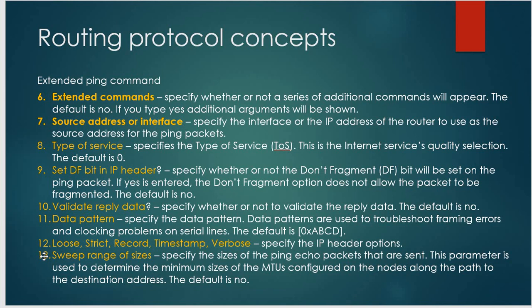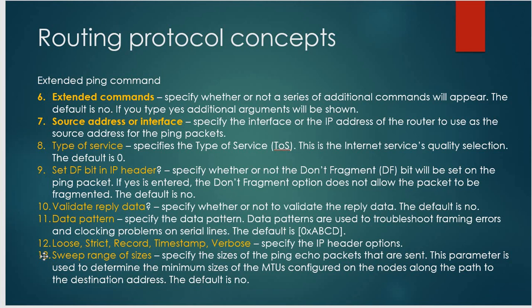Validate reply data specifies whether or not to validate the reply data. The default is no. Then data patterns. Specify the data pattern. Data patterns are used to troubleshoot framing errors or clocking problems on serial lines. The default is the hexadecimal value 0xABCD.